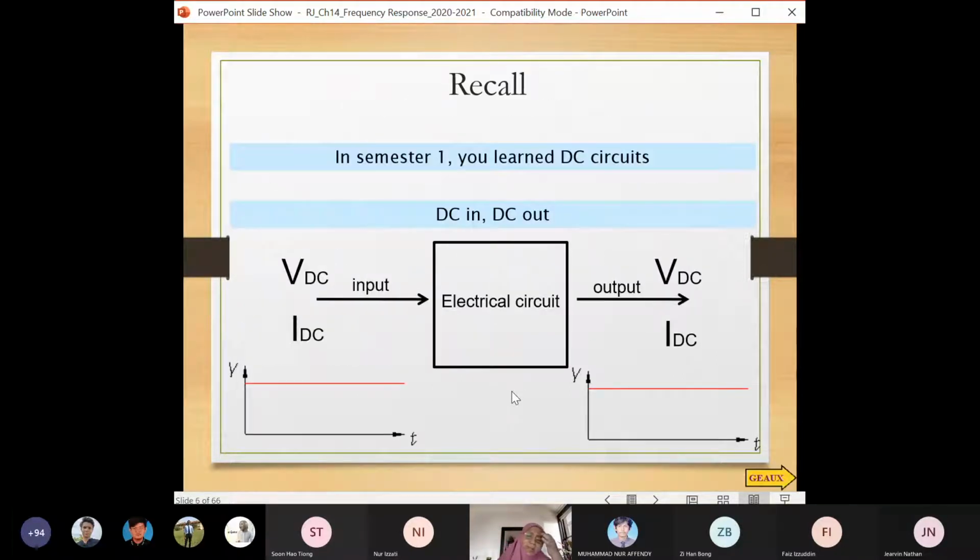Okay, so let's recall from semester 1, when you learn DC circuits. Okay, when you are given a DC voltage, you will get a DC output, where in the middle of the system you have an electric circuit. This black box electric circuit, you have a DC in and then DC out.